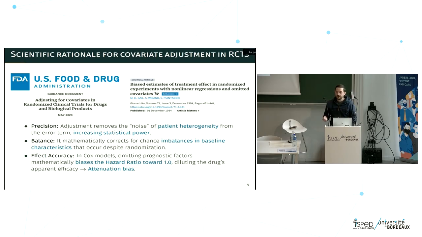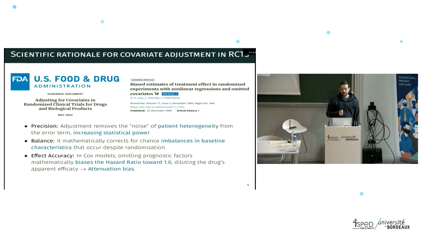So when we explain the noise, when we explain, oh, this guy, he dies early, but that's because he's old, not because of treatment or anything, we explain the residual variability, and we increase the statistical power. The second point, randomization is not always perfect. So we might want to correct for imbalance. If there are more old people in one treatment group, adjusting for age will correct for this. So even in randomized clinical trials, we can get a benefit of adjustment.